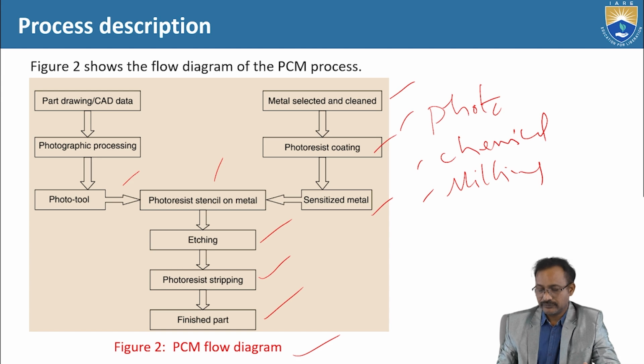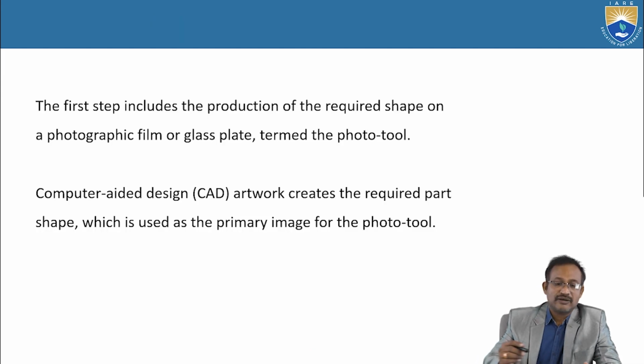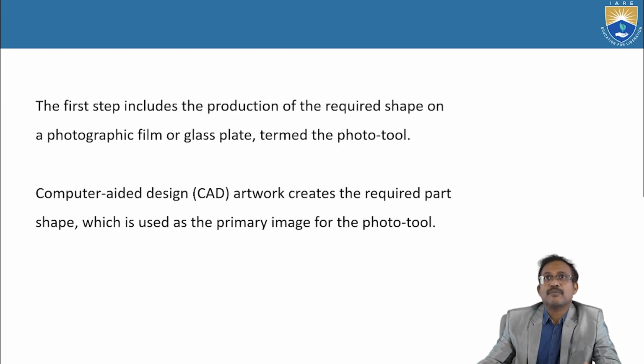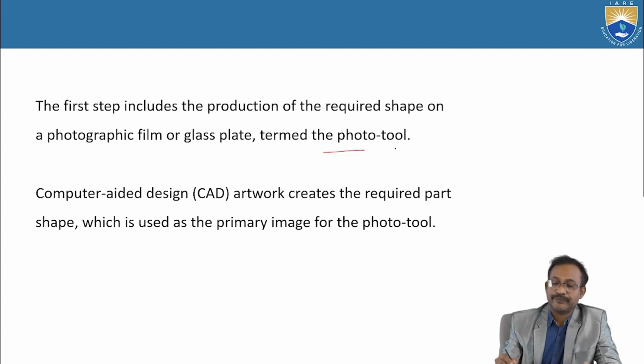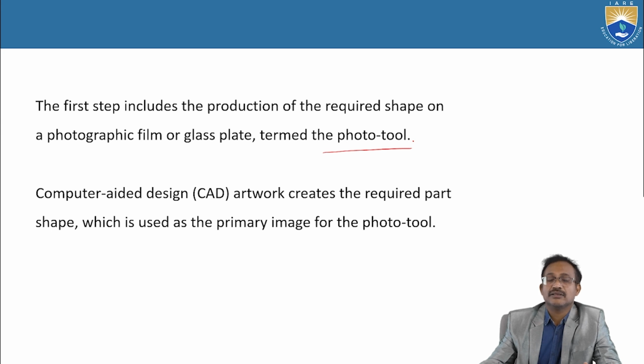The first step includes the production of the required shape on a photographic film or glass plate, termed the photo tool. What is the first step? Production of the required shape on a photographic film or glass plate, termed the photo tool.